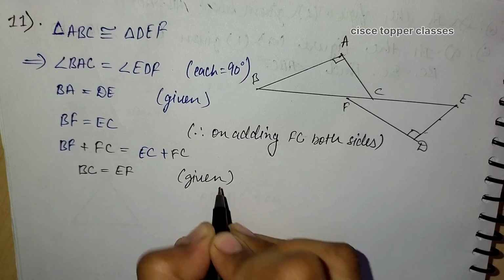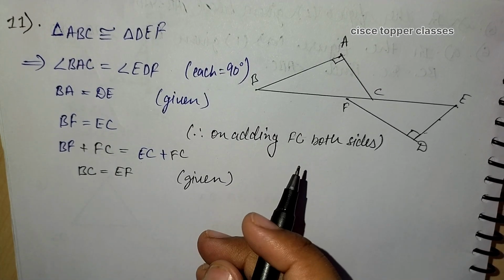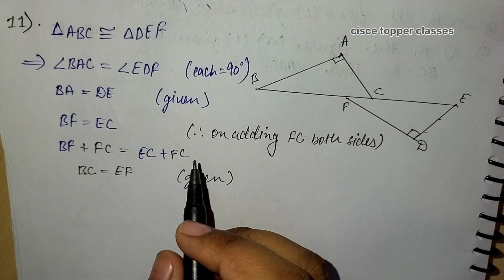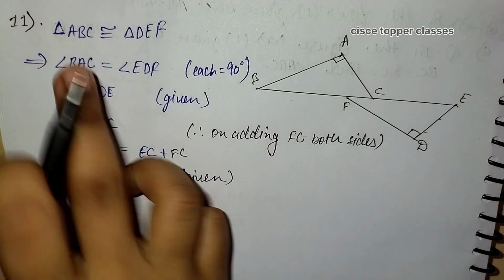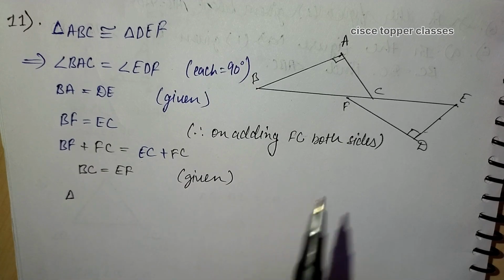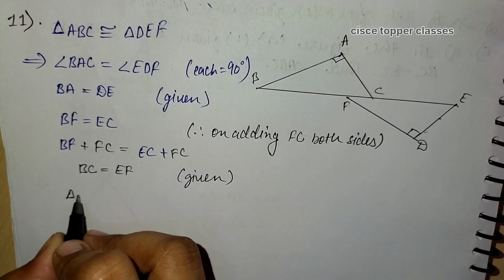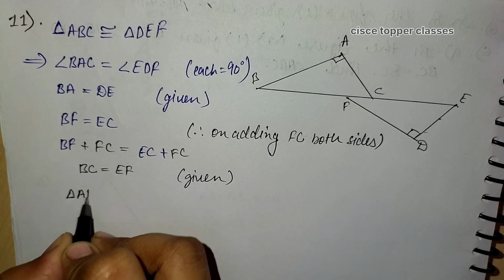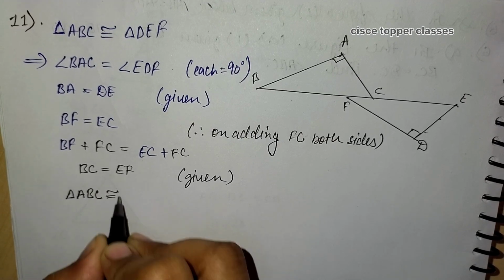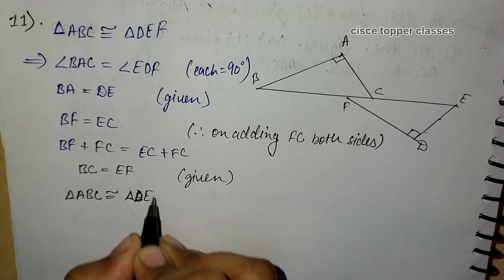So now we can simply write here as, in the adjoining figure, triangle ABC, from the rule of side angle, means here this is the hypotenuse, so RHS rule, sorry. So triangle ABC is congruent to triangle DEF, sorry, this is DEF.